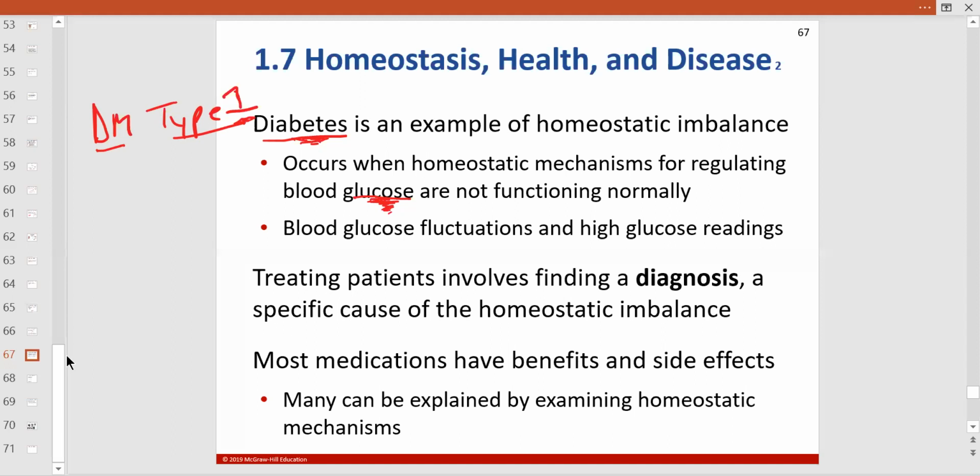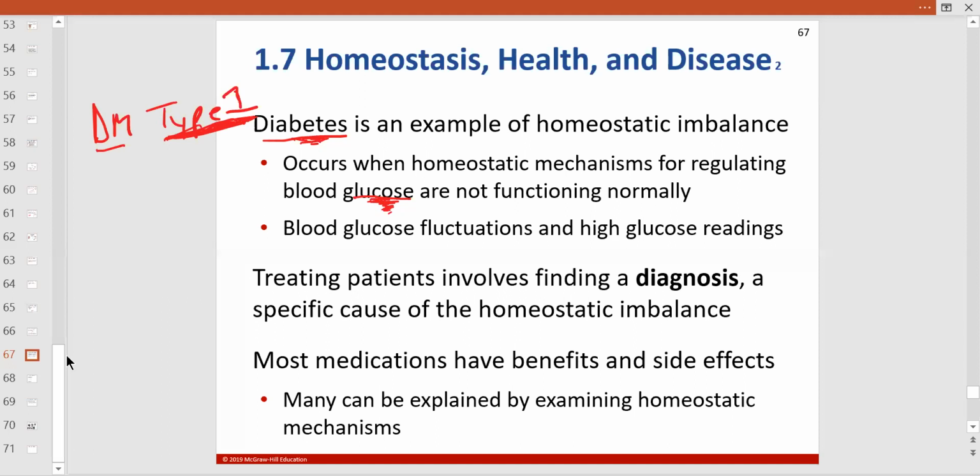Type 1 is they just can't make insulin. So it doesn't matter how much glucose there is, it's never going to be brought into the cells. It's never going to reach the mitochondria. So the glucose just stays in the blood and is extremely destructive. And if no glucose is getting into your cells, of course, you have to rely on fats and proteins to make ATP when you're supposed to be using glucose, and you're not going to live very long.